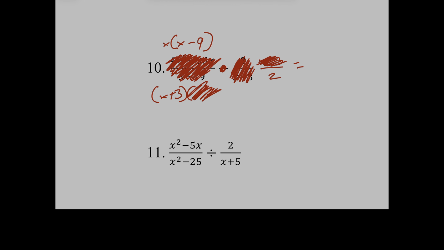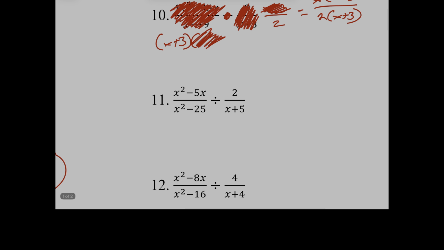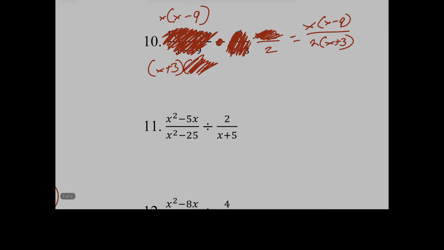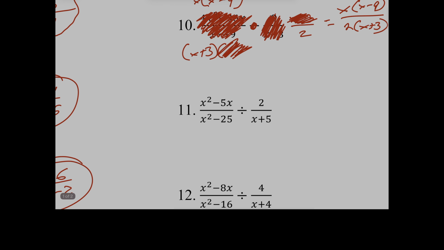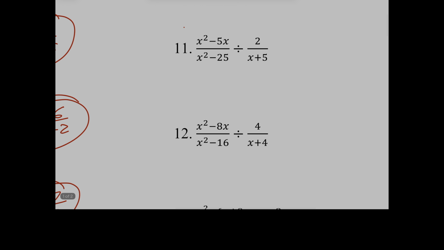So I'm going to have an X minus 9 over a 2 and an X plus 3. When I cross out on this iPad I'm doing it on, it erases it. So I'm surprised that those even stayed. But instead of just crossing them out, if you do it a little bit darker like that, sometimes your eyeball doesn't see those and it helps you. So that's a good thing.